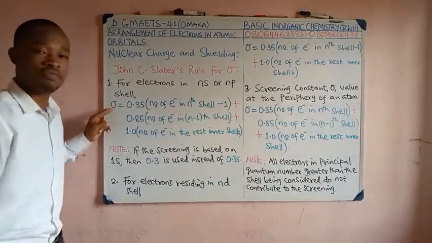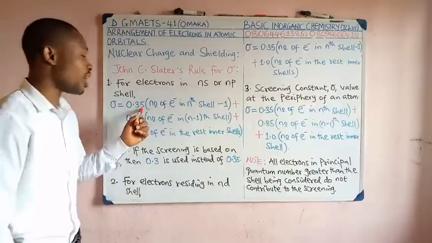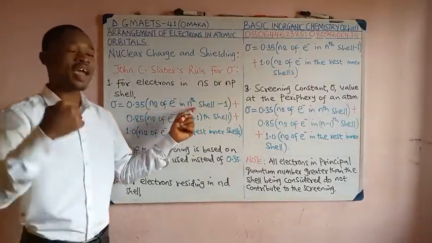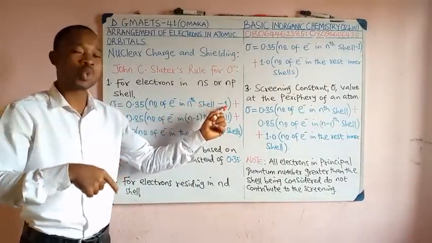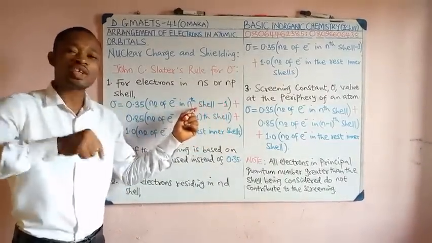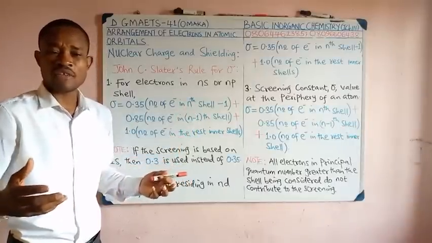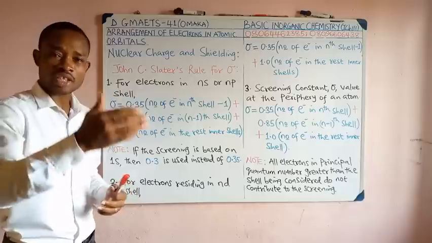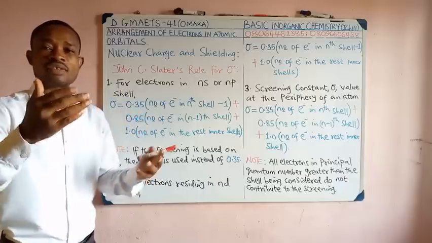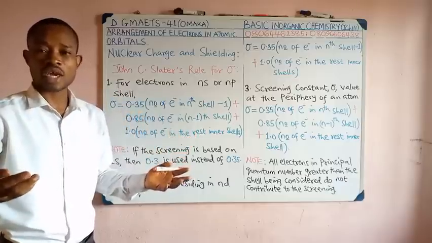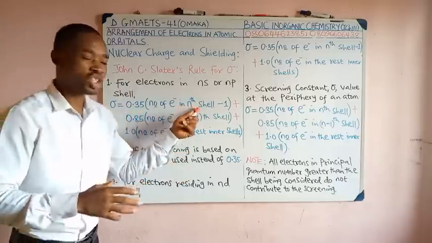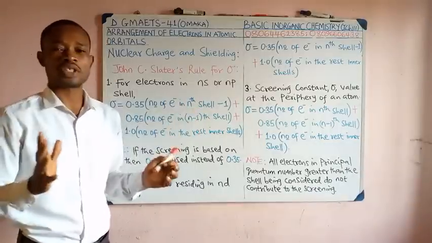The screening constant value is equal to 0.35 times the number of electrons in the n shell minus 1. The n shell is that particular shell that the question is based on. Could be that you're asked to find the effective nuclear charge for the electron in the 3s2 subshell. Is that okay? So that n shell is that 3s2 subshell.